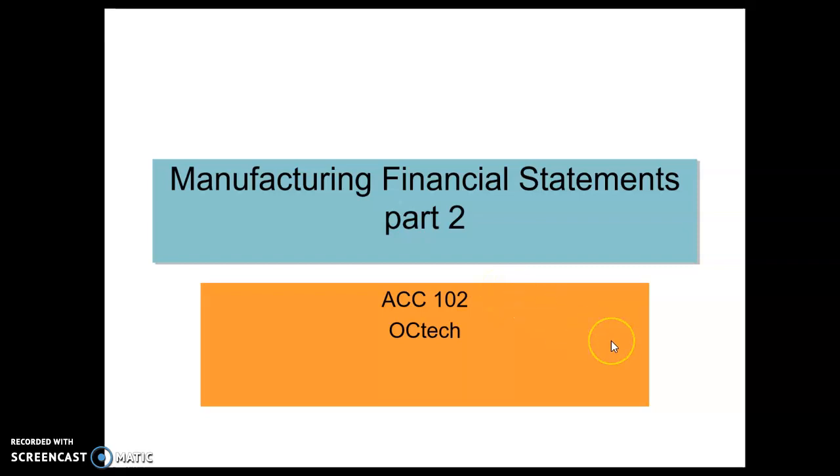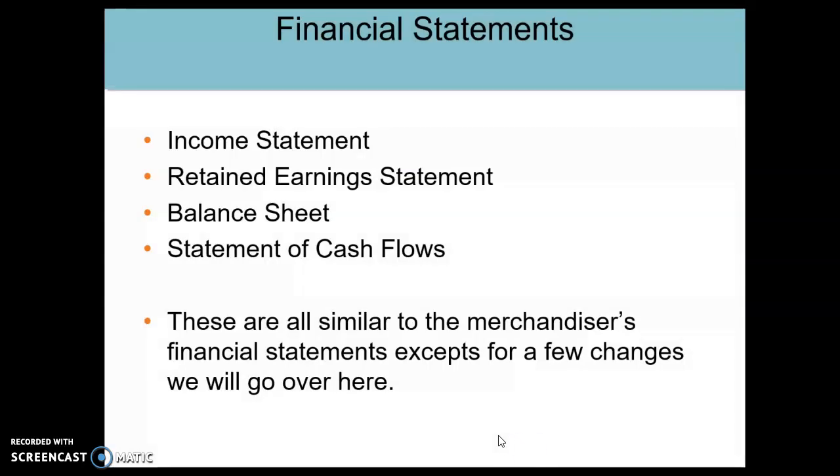Going to go into the second part of manufacturing financial statements that we did in 102 and that we're reviewing. There are 4 financial statements: the income statement, the retained earnings statement, which is like the statement of owner's equity that we did in Accounting 101, the balance sheet, and the statement of cash flows.